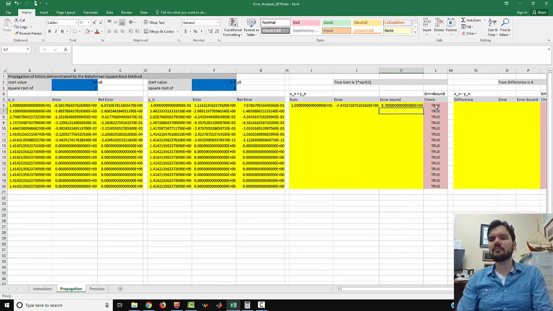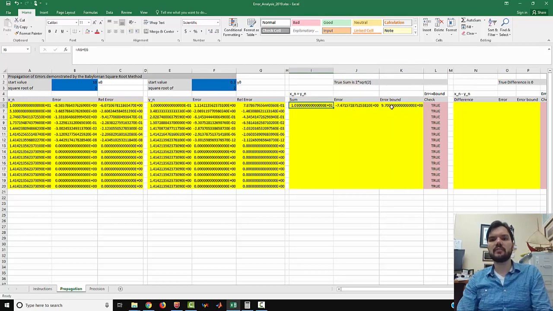And this red or pinkish colored section right here is going to check to see if the error you have fits within the bounds. And the error itself right now is negative 7.47 and the bound is 9.7. Yeah, that fits.